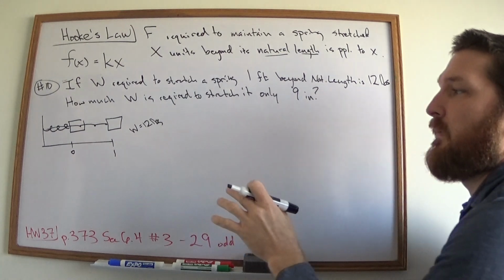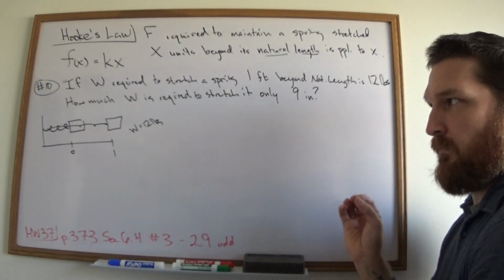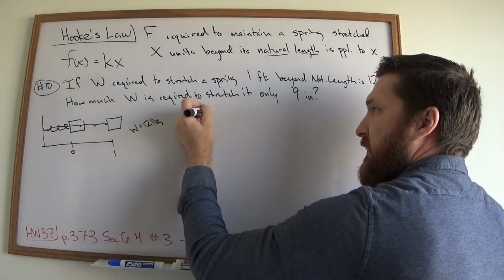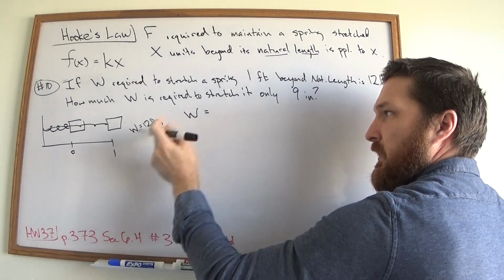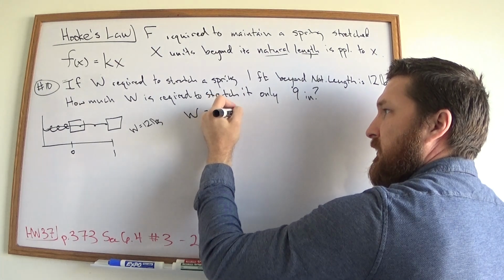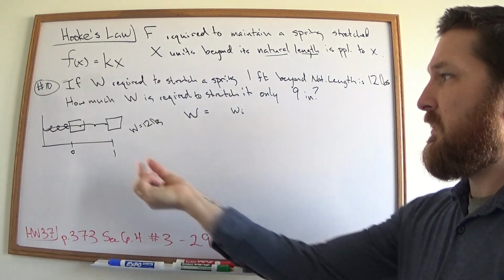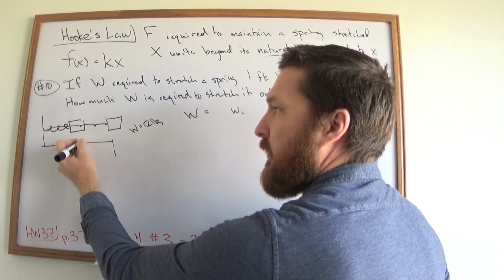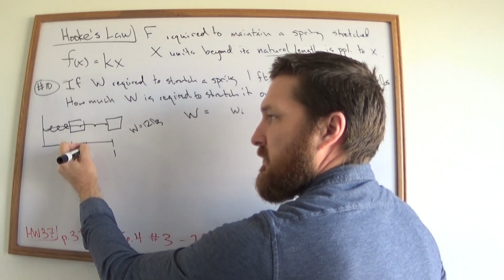But that work is a sum of little works. So let's figure that out. That total work done was a bunch of little works. It was the force right here moved a total of delta x.